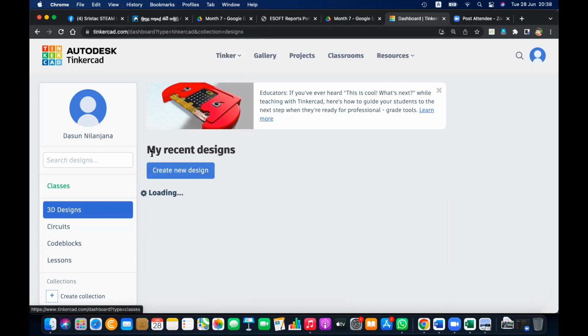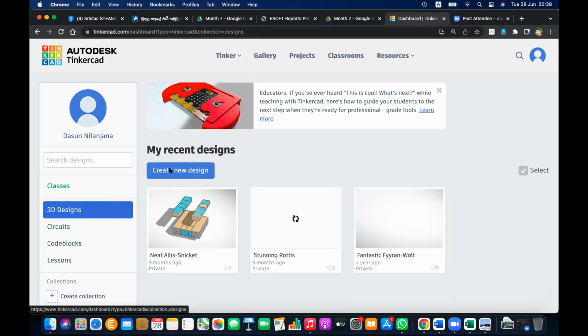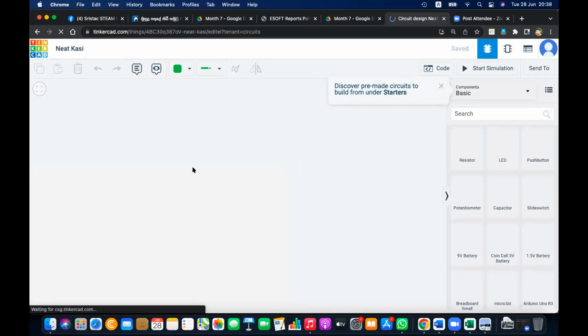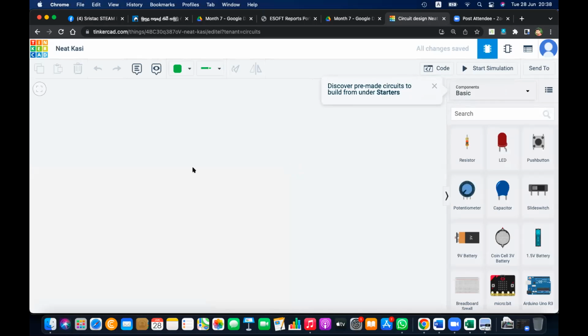It will prompt 3D design, don't create that. Go to the circuits, and under the circuits go to create new circuit. That will give you this empty interface.